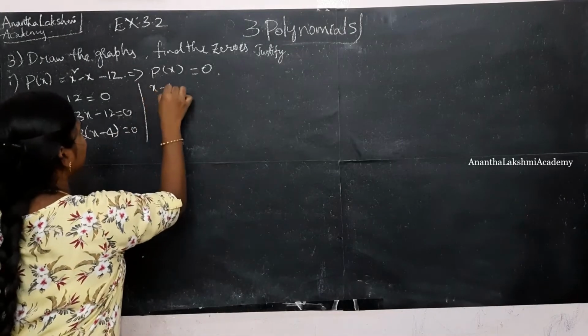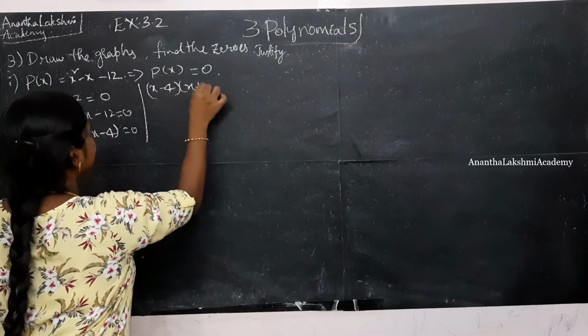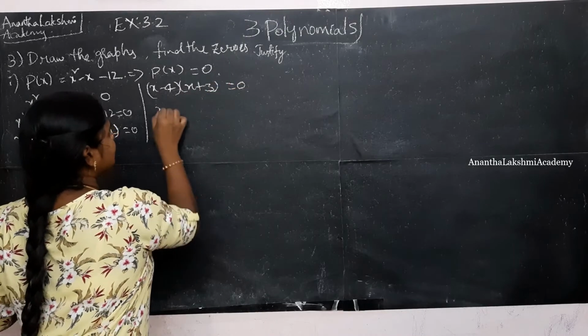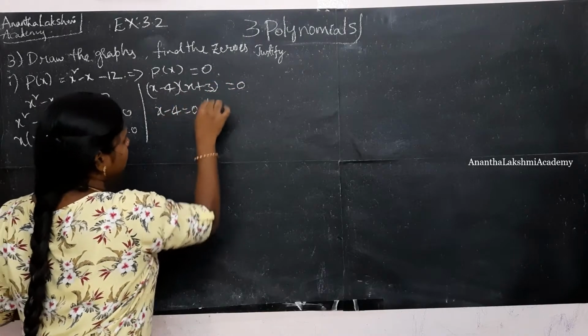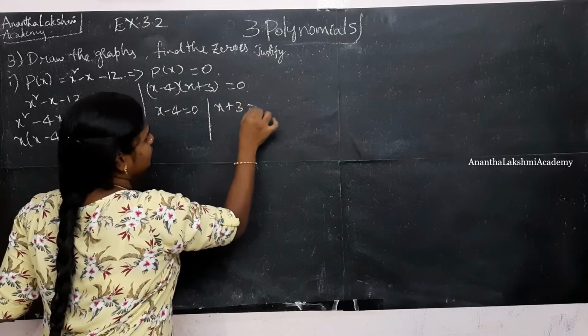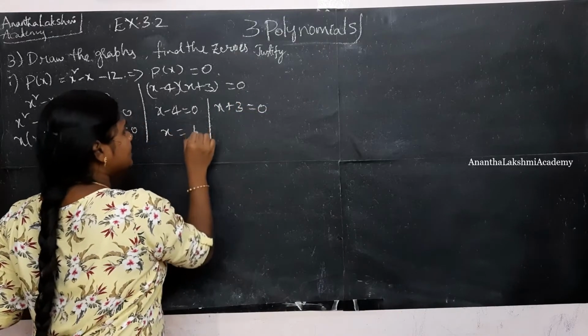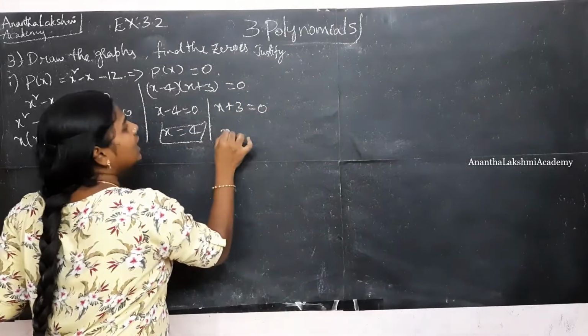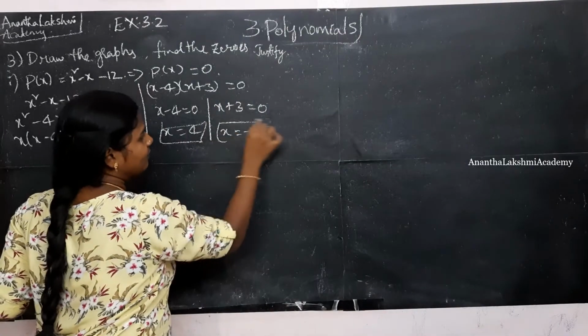So x minus 4 multiplied with x plus 3 is 0. x minus 4 is equal to 0, x plus 3 is equal to 0, which will result in x as 4 and x as minus 3.